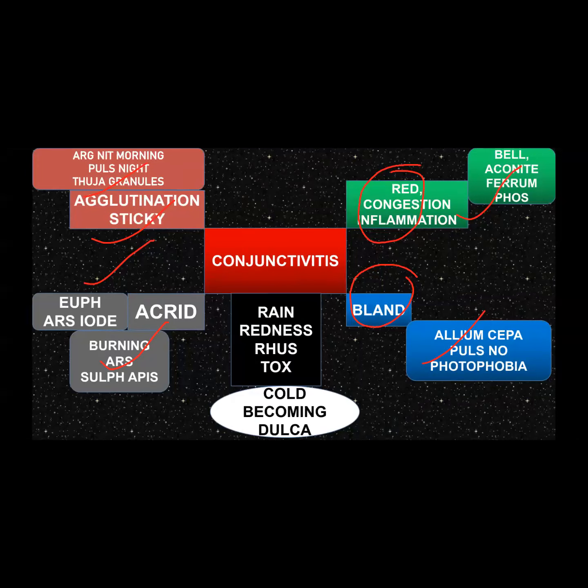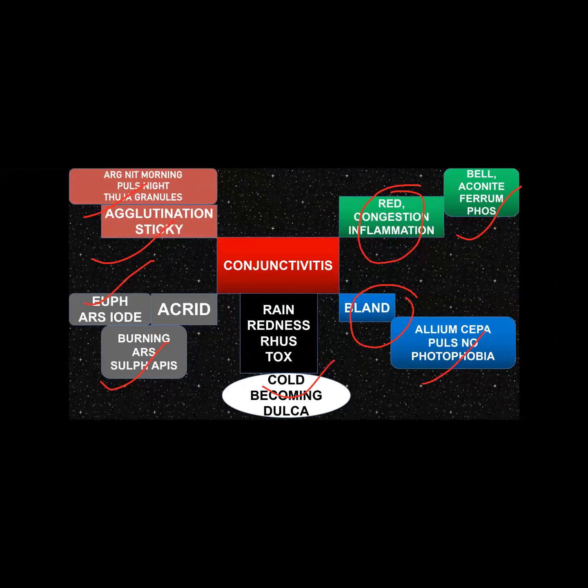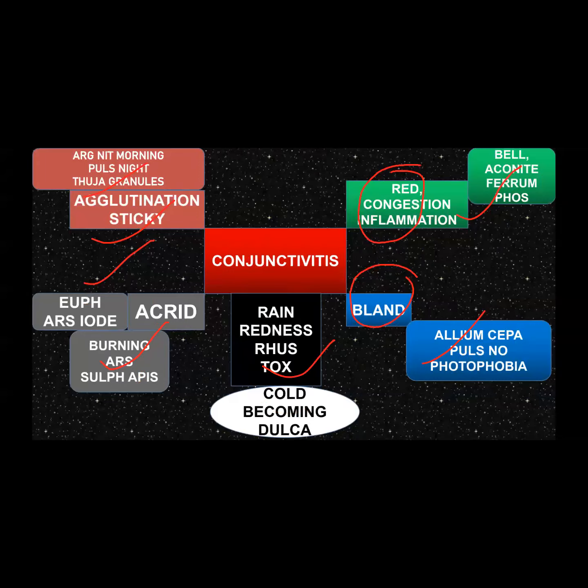Dulcamara has a higher cure rate in becoming cold. Like the patient comes with the complaint, doctor, I have conjunctivitis and it started when I became totally cold, like coming in the AC or from excessive cold air, then dulcamara is more pronounced. This is somewhat the acute chart of conjunctivitis.